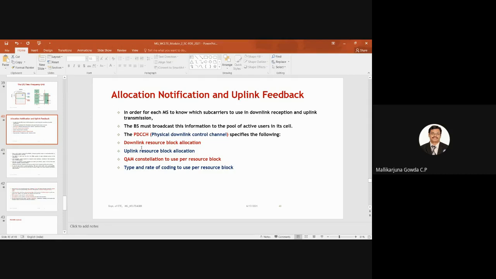This PDCCH will be carrying information about the downlink resource block allocation, uplink resource block allocation, then the QAM constellation. I hope you understand what QAM constellation is, meaning the QAM modulation order, whether it is 4, 16, 32, 64, like that, to use per resource block. And it also indicates the type and rate of coding.